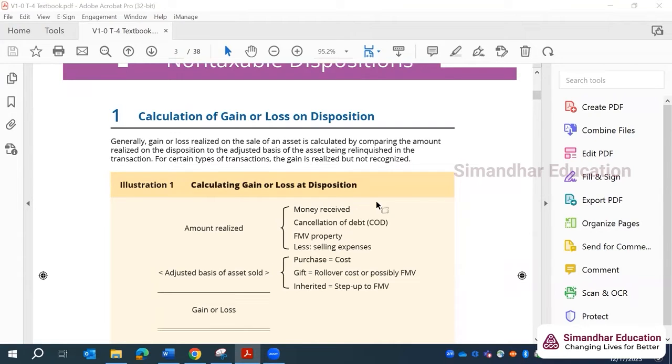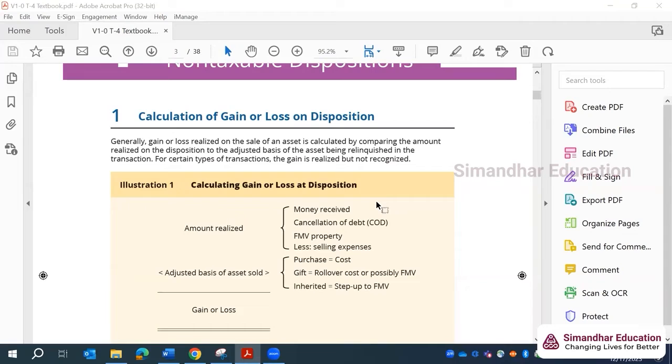So, amount realized. Again, we will come across two tax terminologies as we go through this chapter. One is realization event and one is recognition event. Realization is when you are transferring the ownership, when there is an economic exchange.